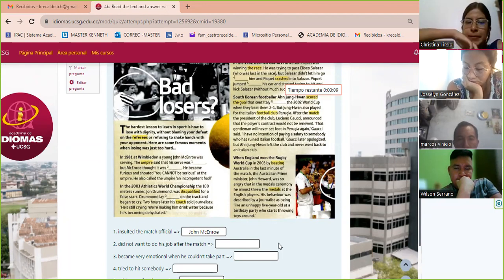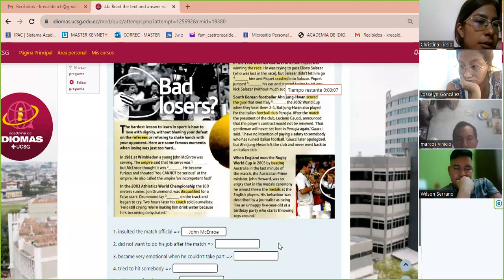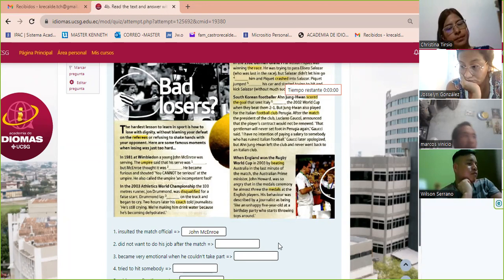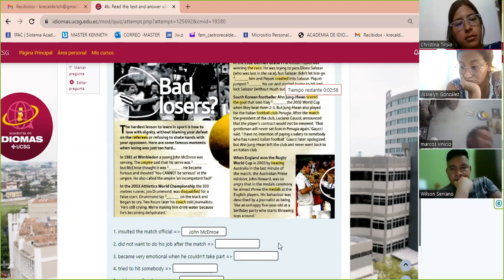His behavior was described by a journalist as being like an unhappy 5-year-old, and the birthday party will start throwing toys around.